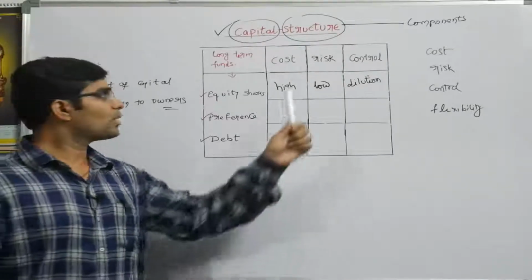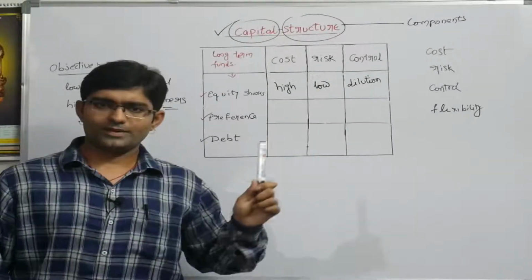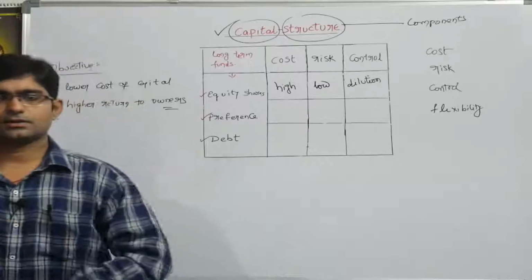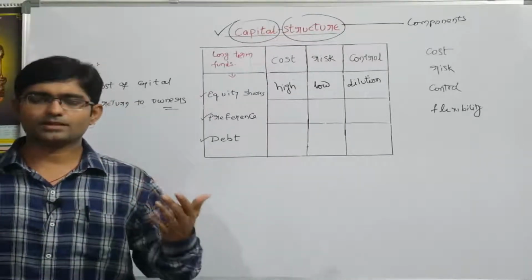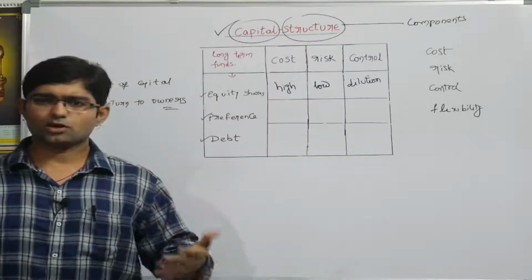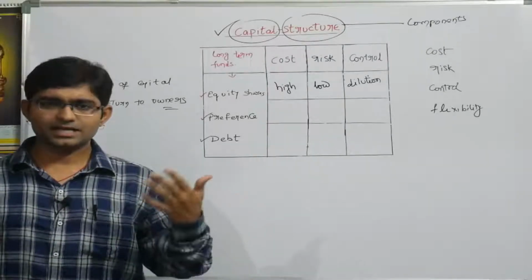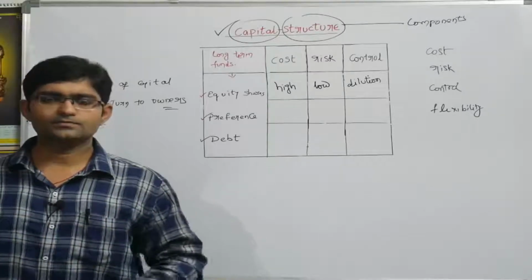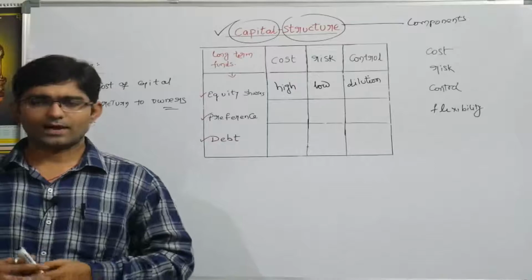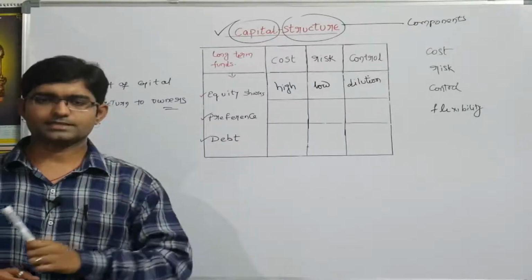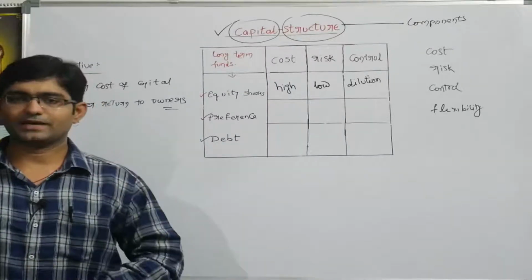What is risk? We are talking about risk always. You get this doubt. What is risk? Risk is nothing but getting insufficient profits or losses, and risk is nothing but inability to pay commitments on or before due dates, right? This is called risk from the company's perspective.